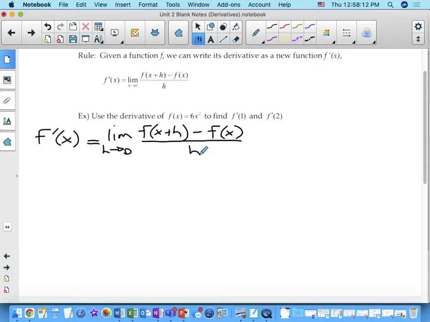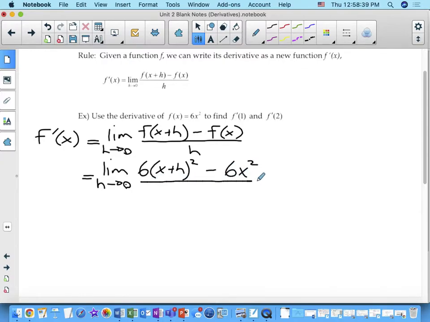Okay, that's going to equal the limit as h approaches 0 for this particular function, f of x equals 6x squared, 6 times x plus h squared. Okay, because for this first piece, we need to replace the x with x plus h, minus f of x, minus 6x squared over h.